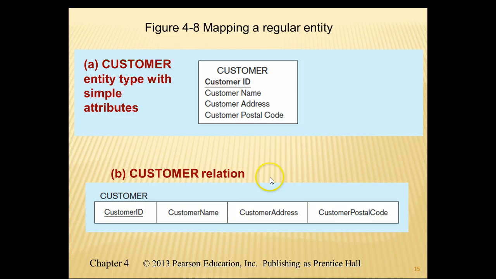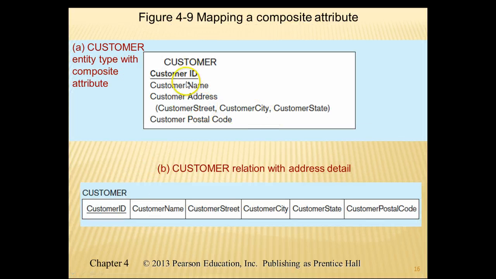And notice that it's basically one for one in terms of the attributes coming down from the entity into the relation. But now notice what happens with our composite attributes. It effectively just turns into multiple attributes that are added into our customer relation. In other words, it's no longer a composite.